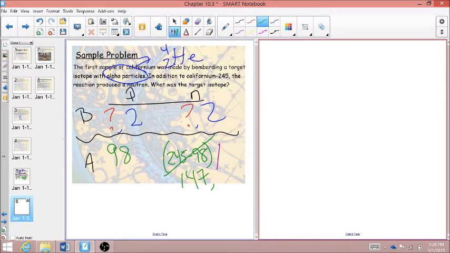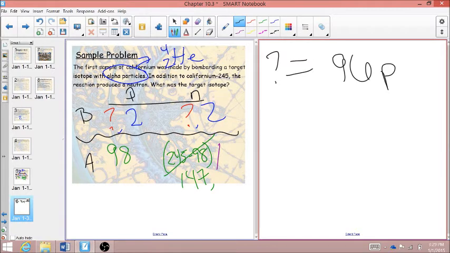So if we ended up with 98 protons and we started with 2 from our alpha particle and a question mark, that means that our question mark, our unknown element we began with, has to have 98 minus 2, which is 96 protons.